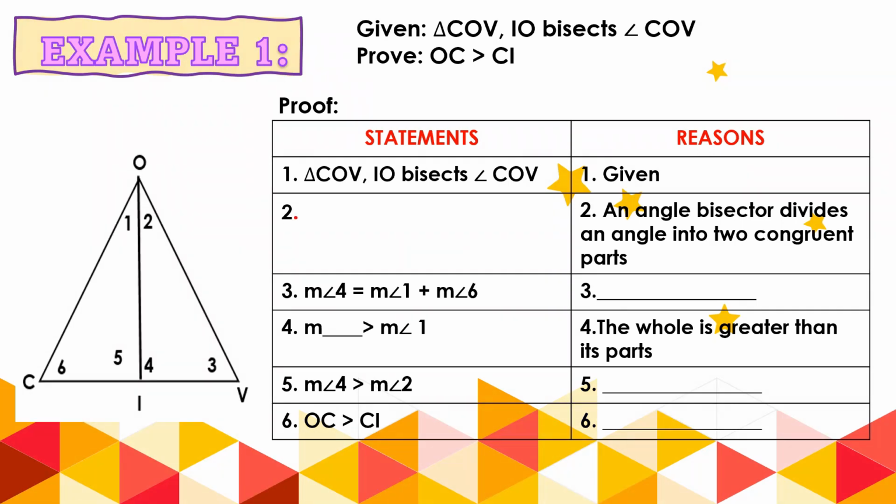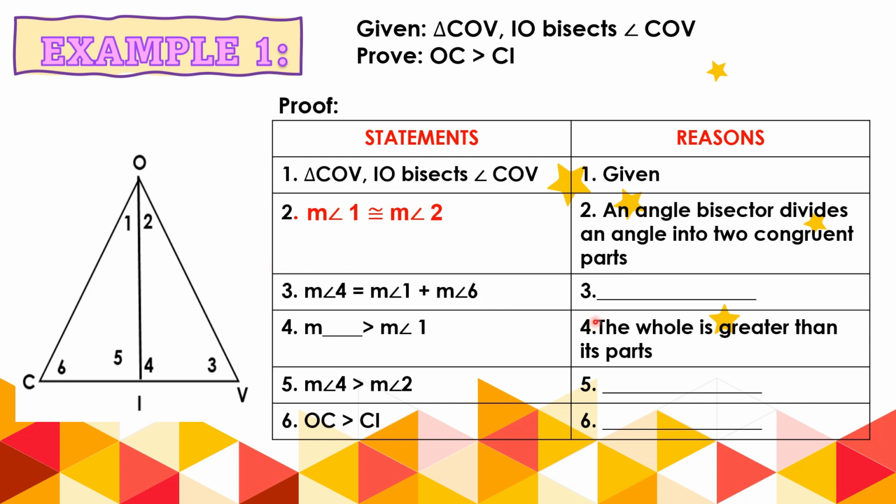So we can say that angle 1 is congruent to angle 2, which supports the reason that an angle bisector divides an angle into two congruent parts.